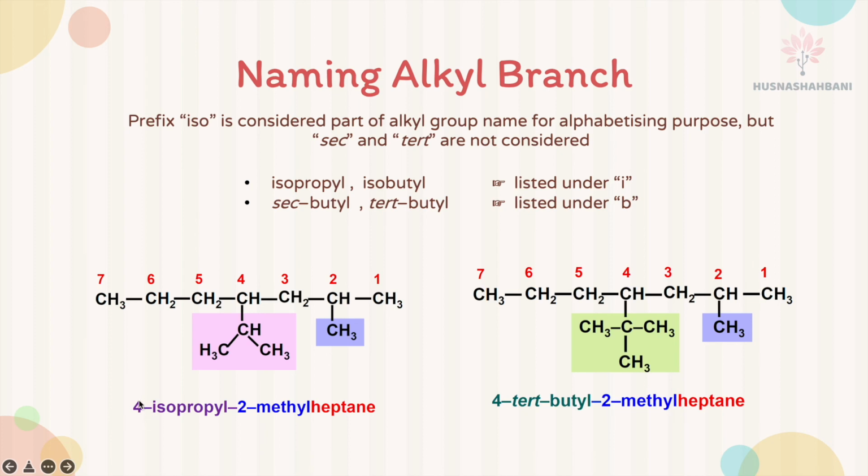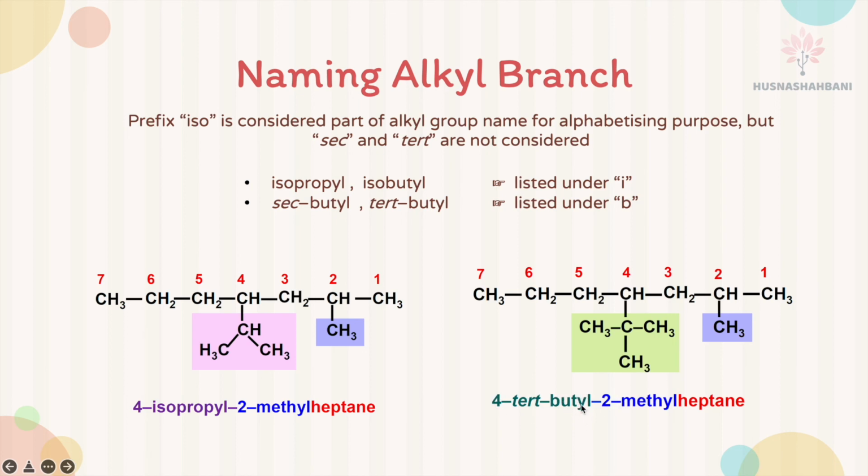So you have to write 4-iso, I first, and then M. So that's why 4-isopropyl 2-methyl, not 2-methyl 4-isopropyl. Iso first because I first and then M, according to alphabetical order.